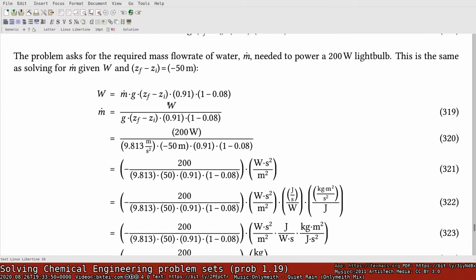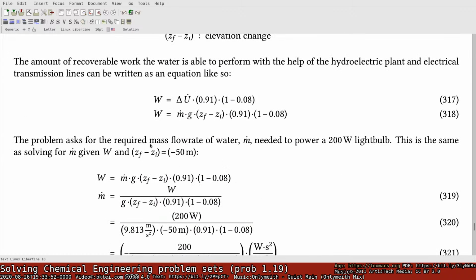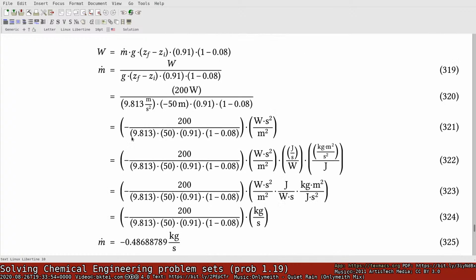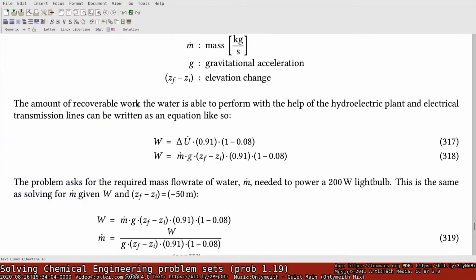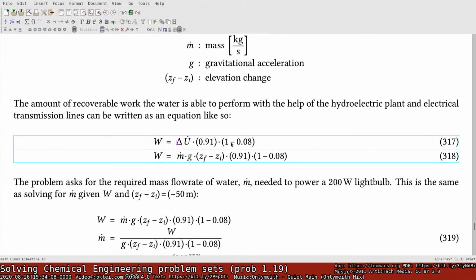I guess we could put a negative in here. Yeah, let's just put a negative in here.